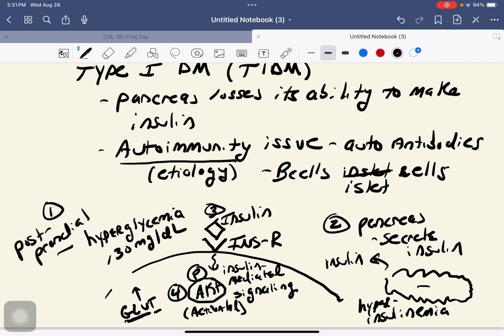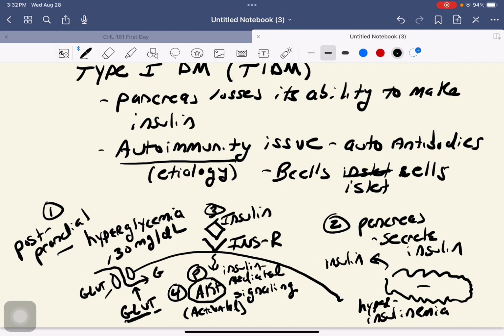Glucose transporters are usually housed inside the cell, and they'll only go to the cell membrane when they're told to by this AKT molecule, when it's activated. So as a result, this GLUT molecule, G-L-U-T, is right here. It's like a donut that embeds itself into the cell membrane and punches a hole into it temporarily to allow glucose now to enter the cell.